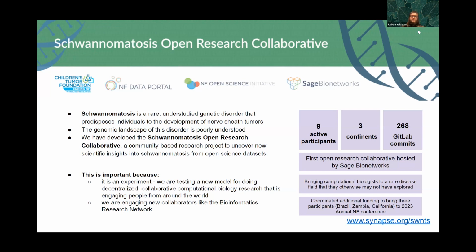And it's been really exciting because we were actually able to last year bring 3 of our participants from Brazil, Zambia, and California to attend the 2023 annual NF conference in Scottsdale. And so we're hoping that this type of investment brings more computational biologists, but also more new faces and more people from outside the rare disease research community into our research community, and really get them thinking about the data in different and interesting ways.